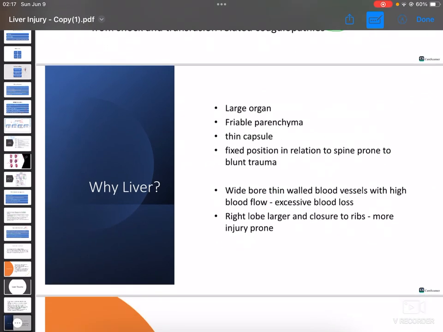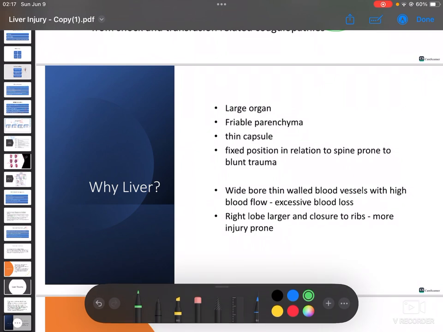Why liver? Liver, at first, is a very large organ, and there is friable parenchyma. The capsule is very thin, the Glisson's capsule is very thin, and the fixed position is prone to blunt trauma, because the posterior part is fixed and this is the spine, so it is prone to blunt trauma.